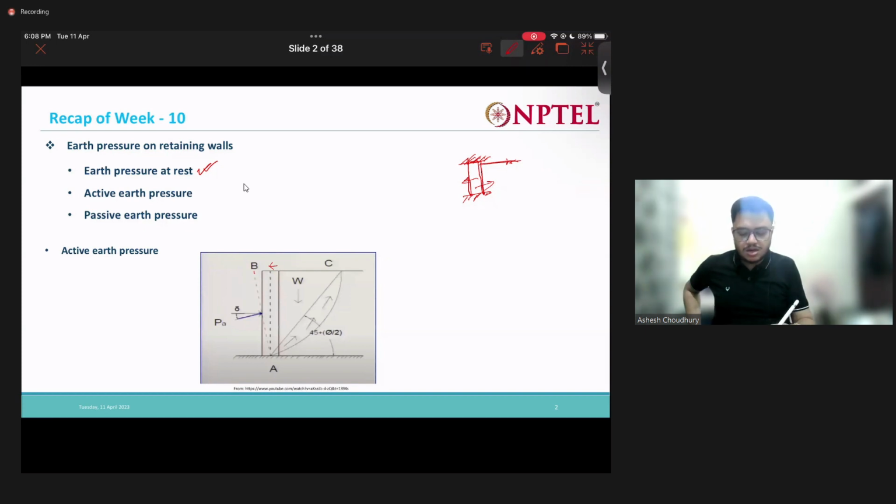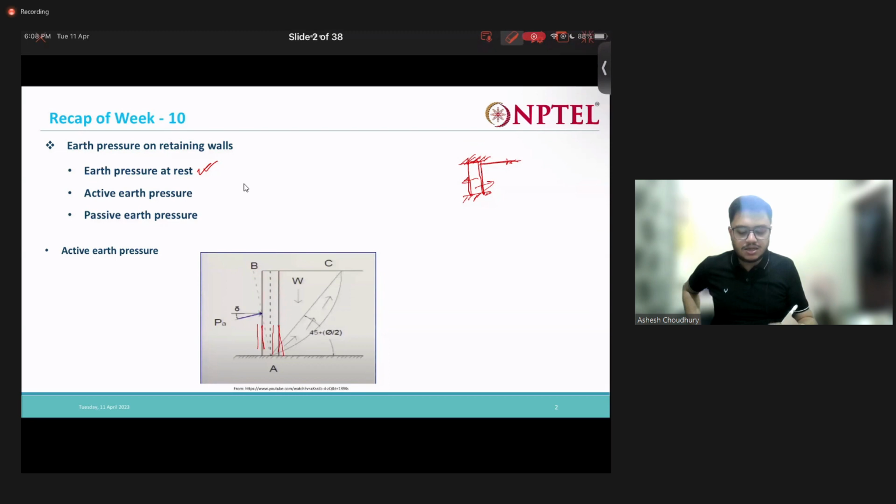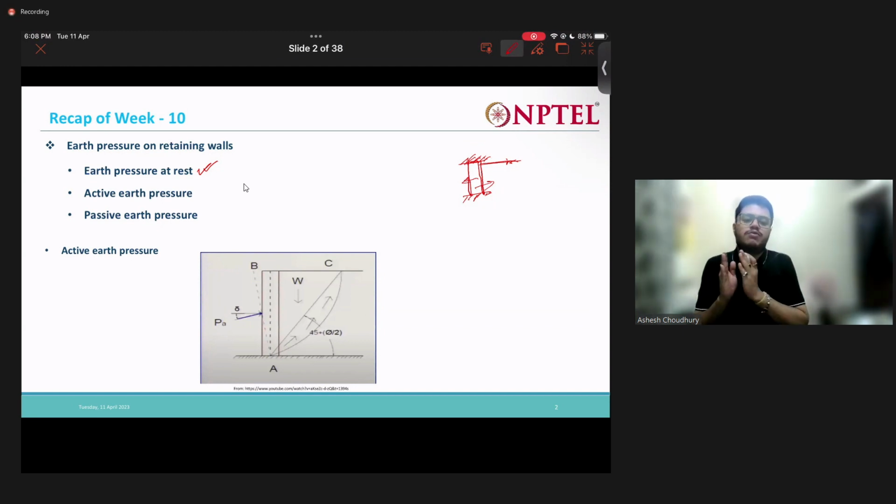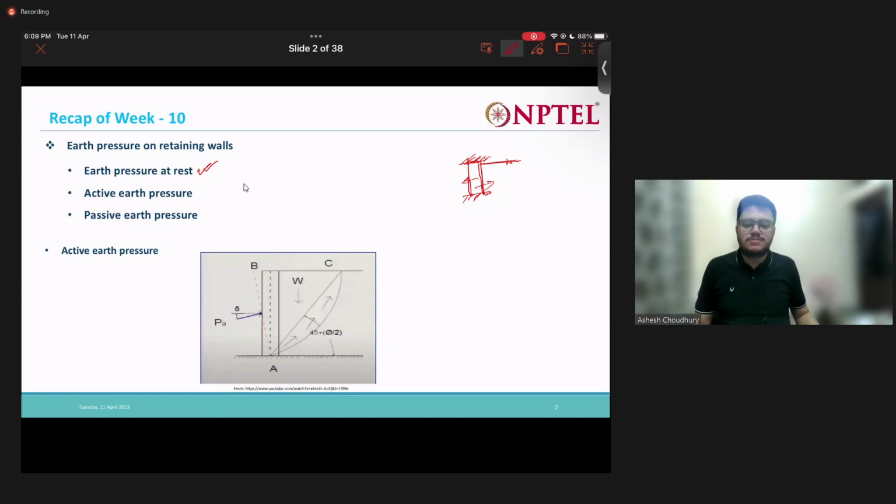Initially the wall was like this, now the wall may be like this, or it might slide here. Any of these things can happen. In those cases where the retaining wall is moving away from the backfill, whatever earth pressure develops is active earth pressure.